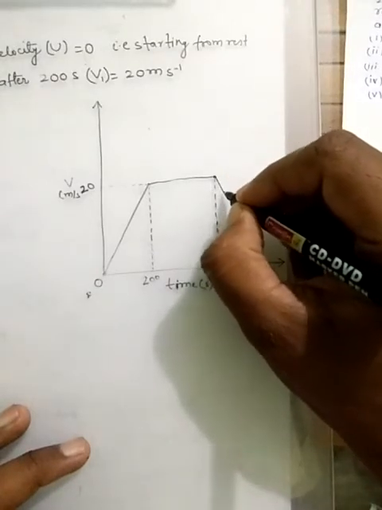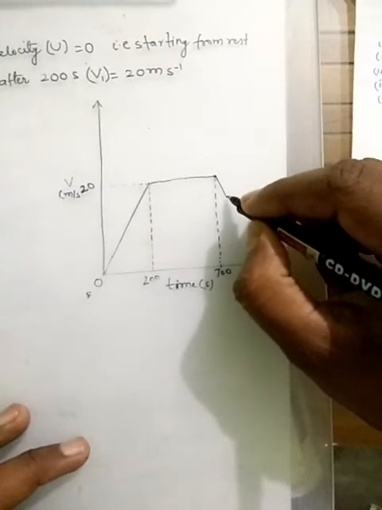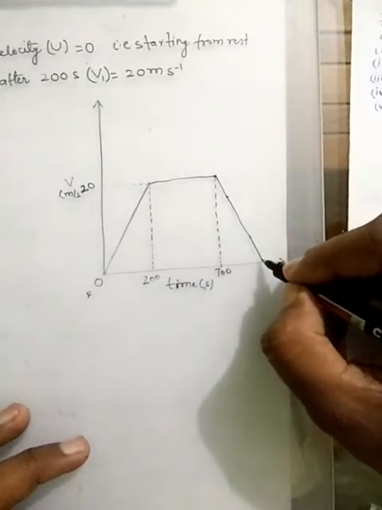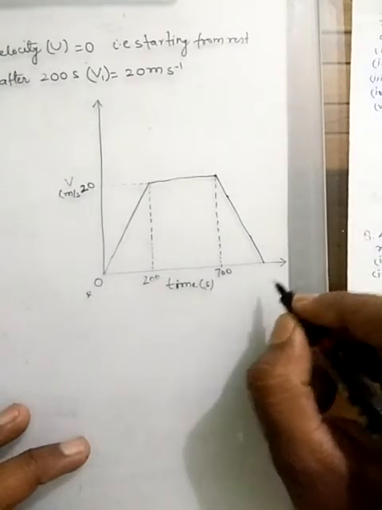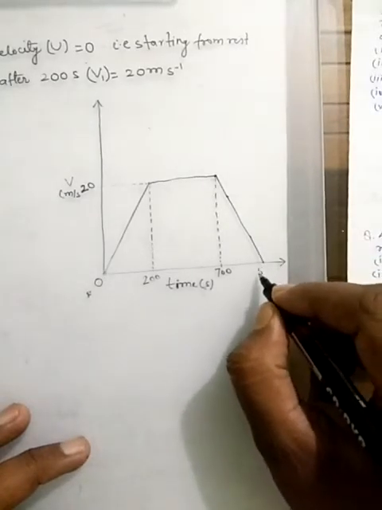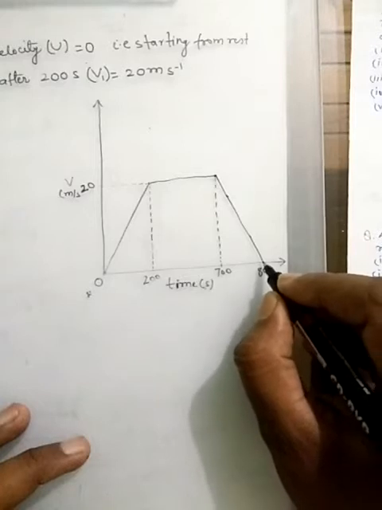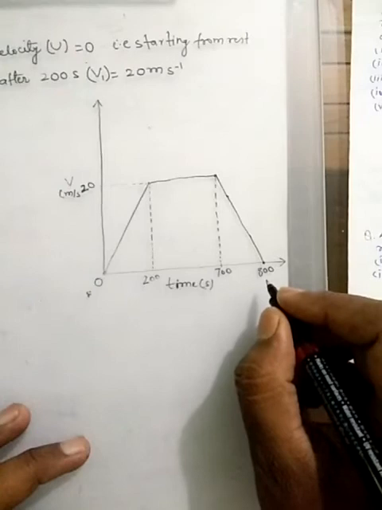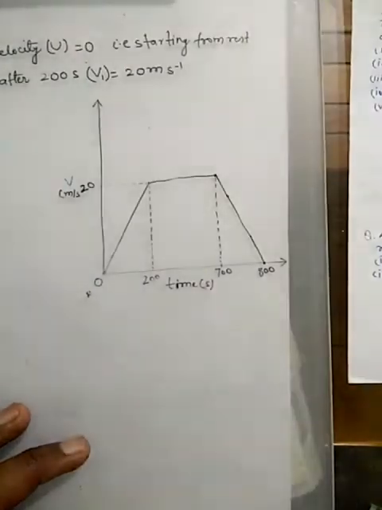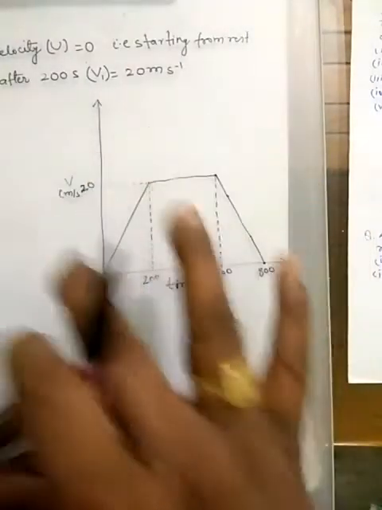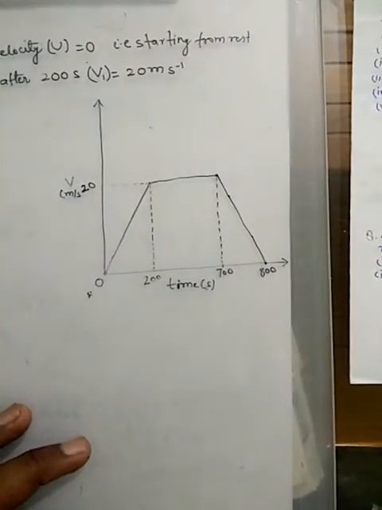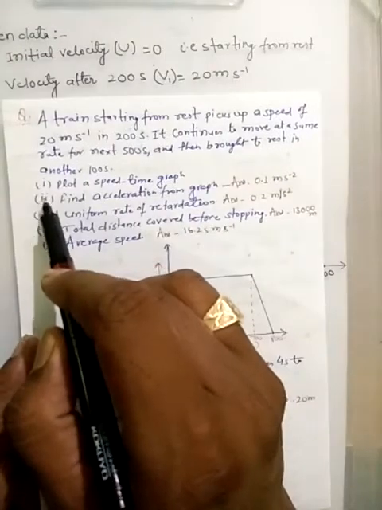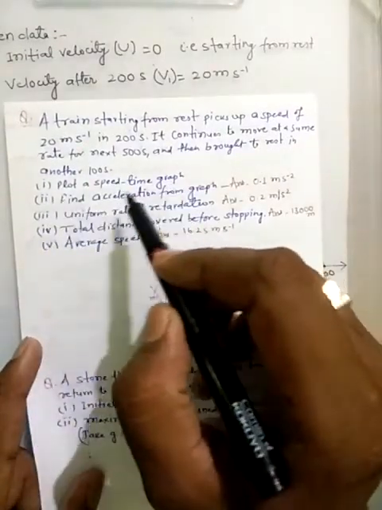It means the object is again at rest after 100 seconds. It means the time required to reach 0 velocity is 800 seconds from the start. This is the velocity time graph for this question. This is the answer of the first part of the question, plot a speed time graph.